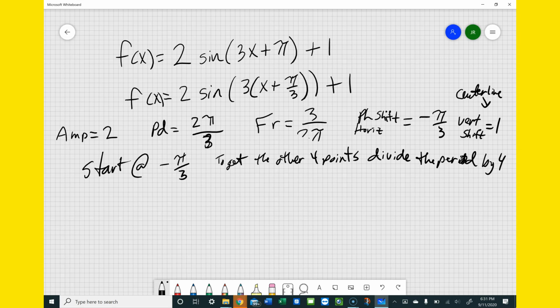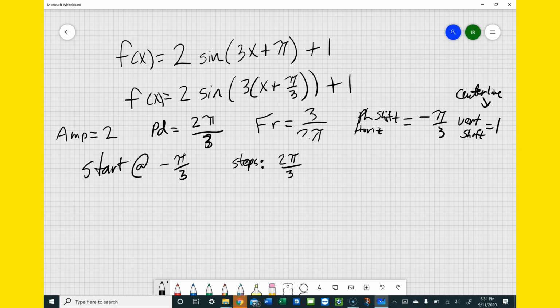So let's take our period. So the steps will be 2 pi over 3 divided by 4. Or you could say 2 pi over 3 times 1/4, which is 2 pi over 12, or we could reduce that to pi over 6.